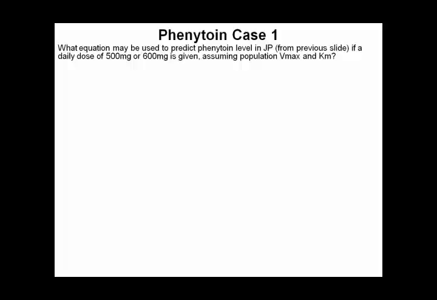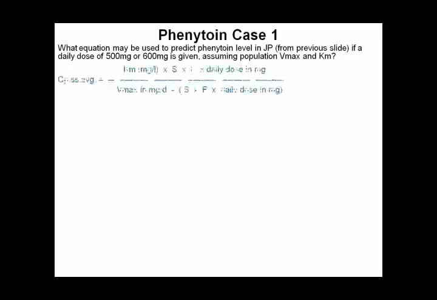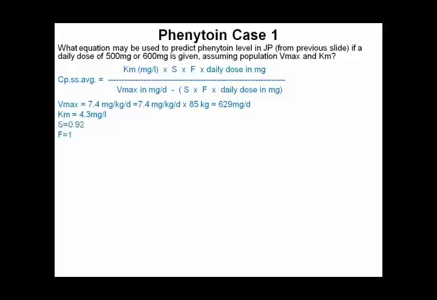In order for you to do that, you need to have an idea what level you may get by 500 or 600, and you use this equation here to predict the level. And you're going to use Km and Vmax of the population and the dose of 500 or 600. Okay, this is Vmax, this is Km for the population, and this is the S and F.